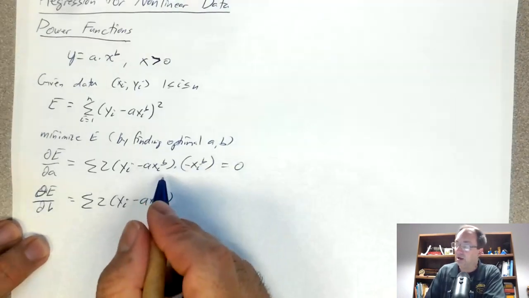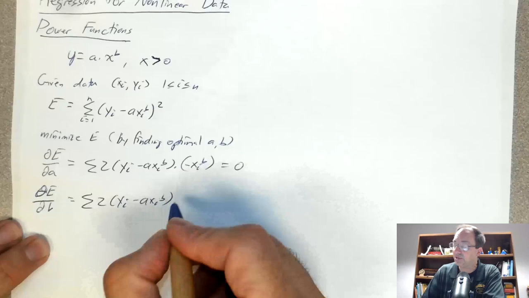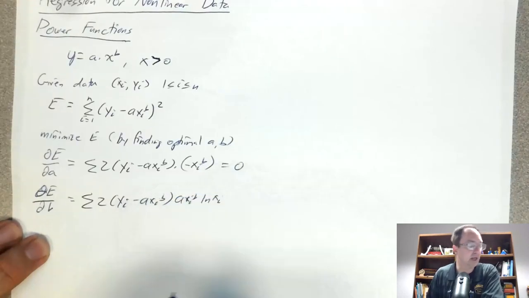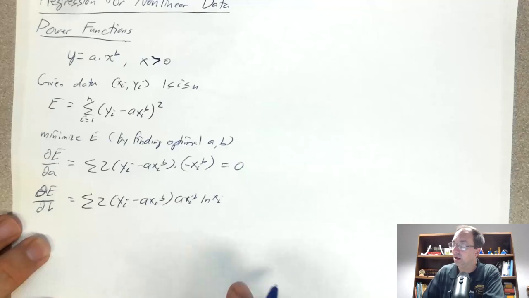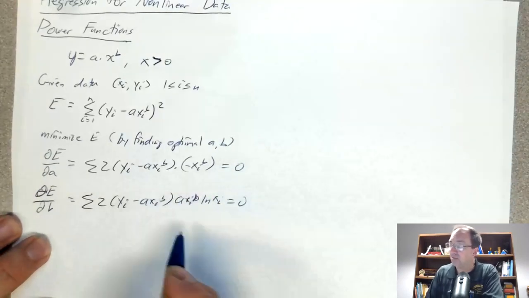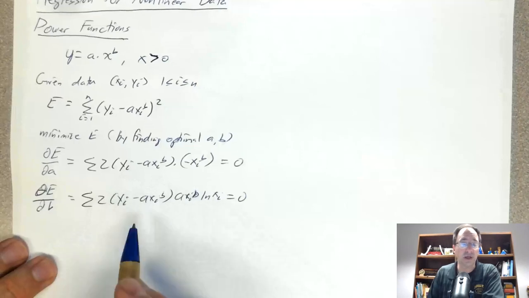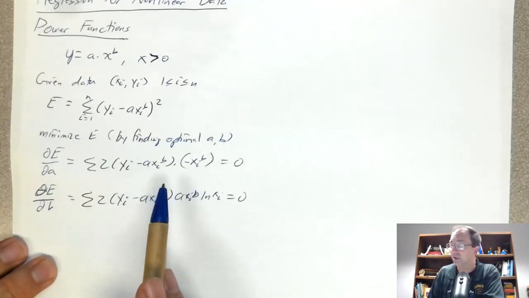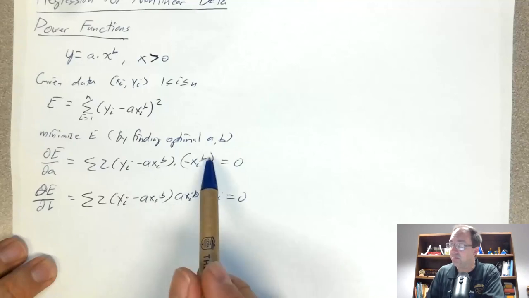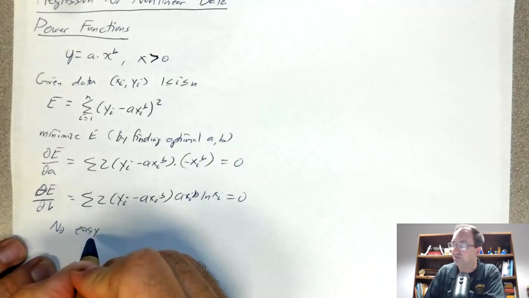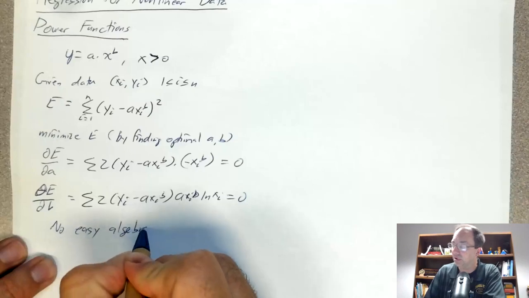And this time, b is the variable, and so I have a xi to the b times the natural log of xi. And I'm still setting that equal to 0. The problem is this is no longer a system of two linear equations and two unknowns. It's two equations, two unknowns, but because the b is in the exponent, there's no easy algebraic way to solve.